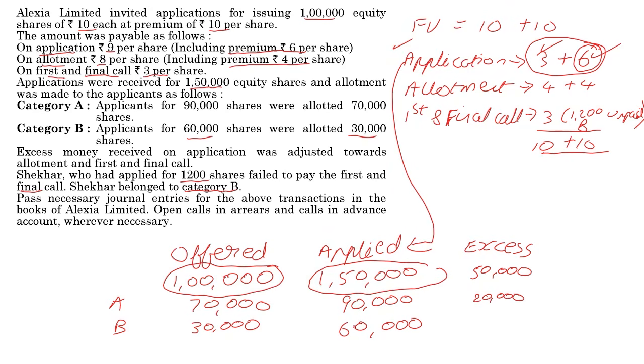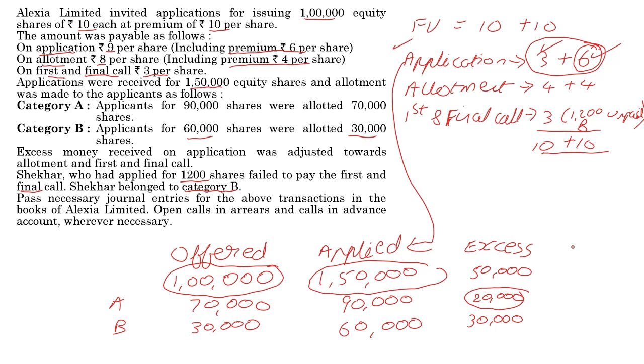These people asked for 60, they got 30. Excess is 30,000. Why am I doing all of this? Because I need to find out how much money is going to allotment. I have 20,000 excess shares, extra amount received.